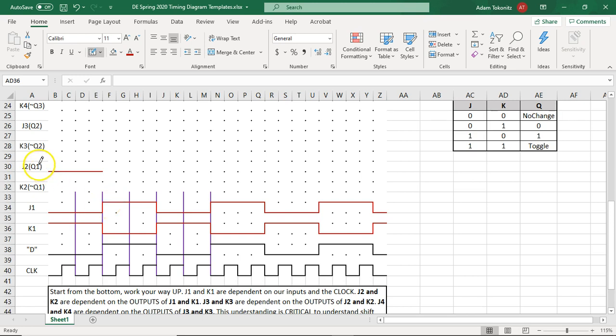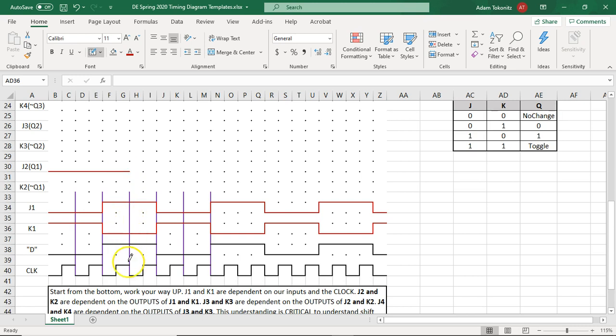However, this J2 is dependent on the output of J1. J1 is still technically 0 on this vertical purple line. It's transitioning from 0 to 1, but it is not 1 yet. It's in the transition state, so we're going to treat it as 0. Because of that, this distance between this purple line and this purple line forces J2 to remain 0.